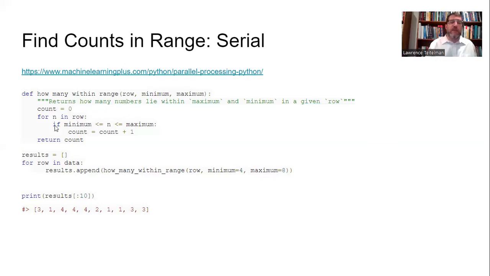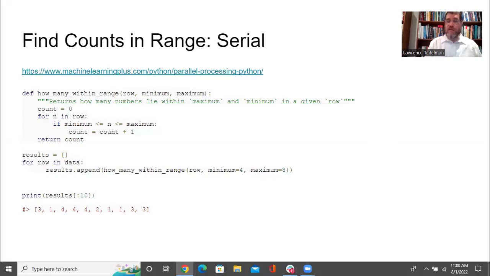Now that in turn is being multiplied by the size of the data. So the time complexity here is O of the size of data times the size of row. That's the time complexity, which we would call an n squared algorithm, but n is really meaningless because we're not defining what n is. n is something else in this problem, actually. So does anyone see some opportunities for us to parallelize this?